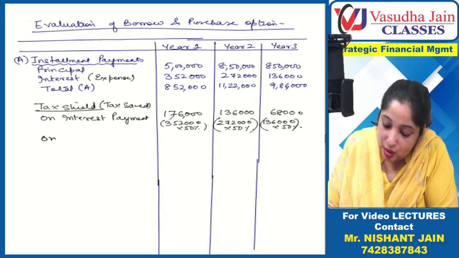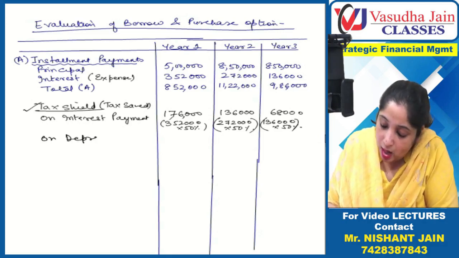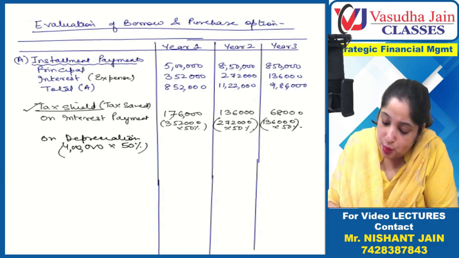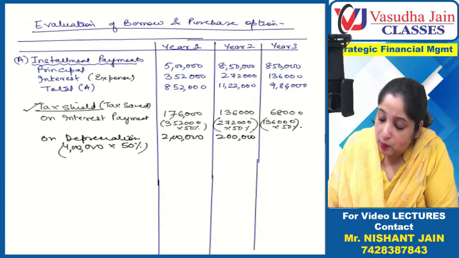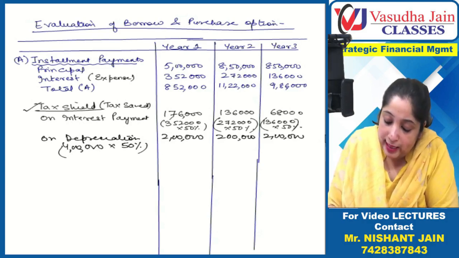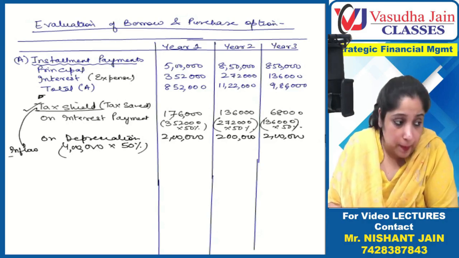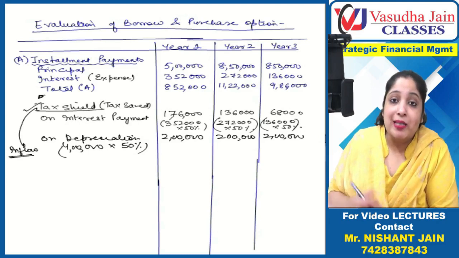So on depreciation, there is a tax shield. How much is the tax shield? On 4 lakh rupees, I will be able to save 50% of tax, that is 2 lakh rupees. So is this outflow or inflow? The tax shield is an inflow, because you are saving tax.